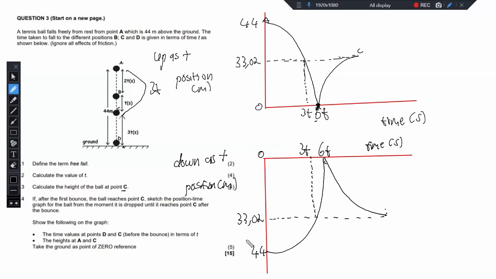Okay, so that's it for 5 marks. That's what you were supposed to indicate there. So I hope all of this makes sense. And that's all you were supposed to do to get that 15 marks in the bag. So if you made any mistakes, note there, and make sure that next time it doesn't dribble you.